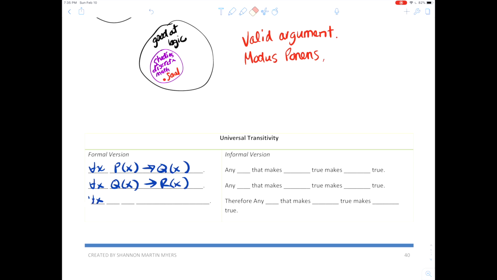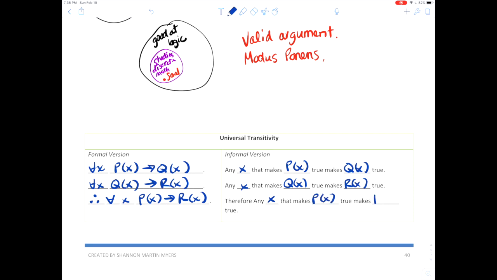Therefore, for any x, P of x also implies R of x. So any x that makes P of x true makes Q of x true. Any x that makes Q of x true makes R of x true. Therefore, any x that makes P of x true makes R of x true.